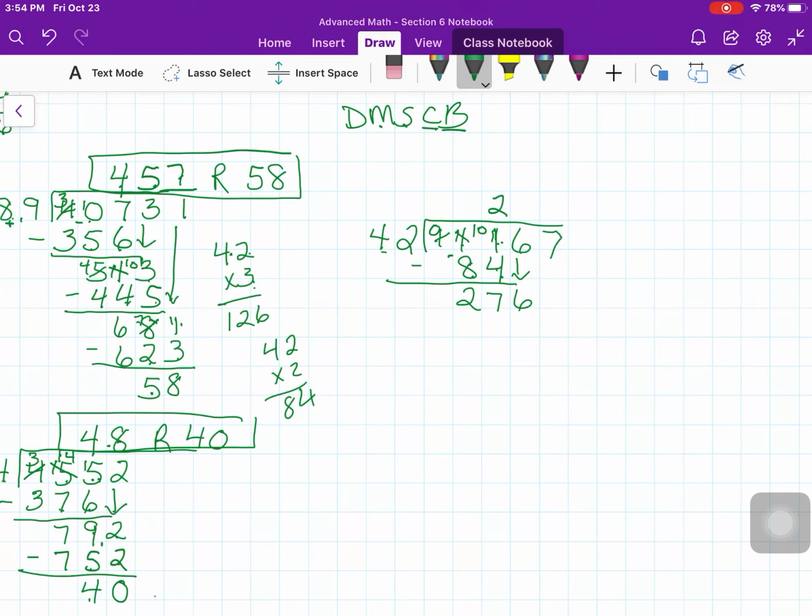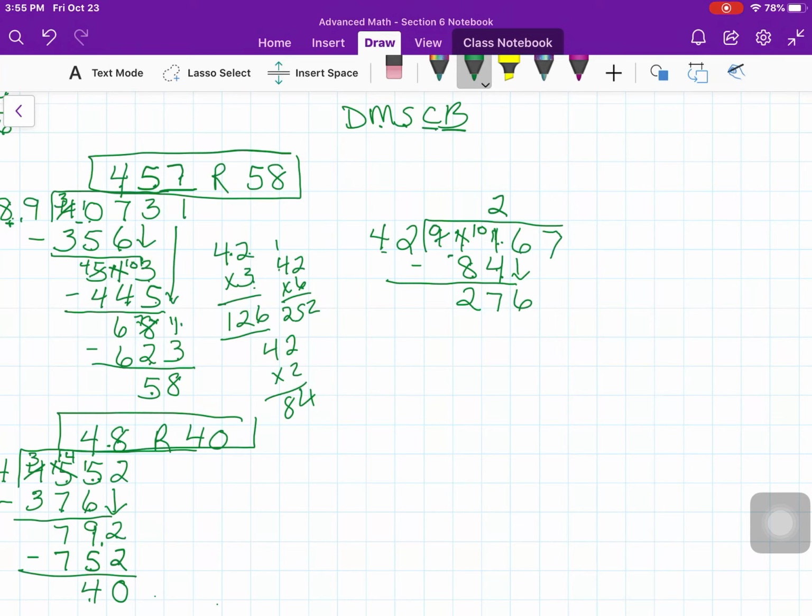42, how many can it go into? 276. So here's 3 times. 4 into 27. I'm going to try 42 times 6. Let's see what we get. That's a 12. 6 times 4 is 24, plus 1 is 25.